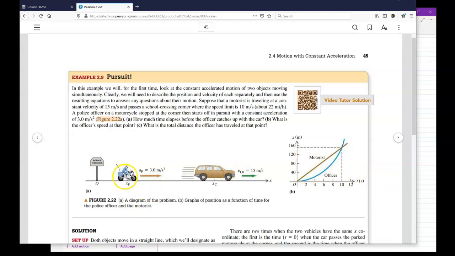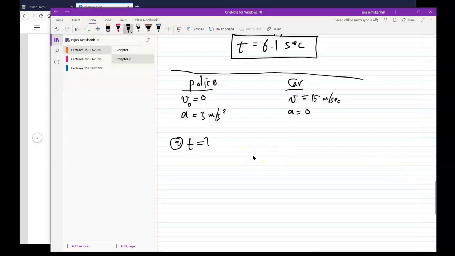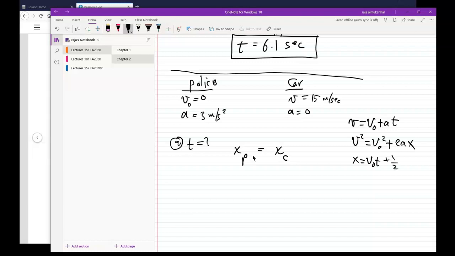I can say that the distance traveled by the police officer, x sub p, must equal the distance traveled by the car. On the side here, I have my kinematic equations: v equals v naught plus at, v squared equals v naught squared plus 2ax, and x equals v naught t plus 1/2 at squared. These are the equations I need to use to solve, okay?